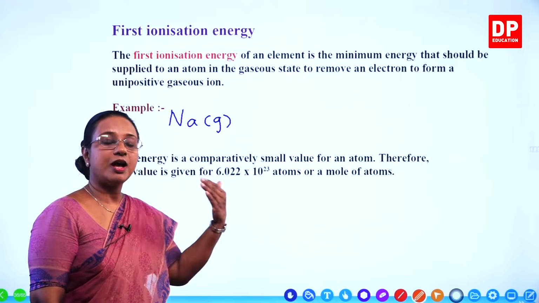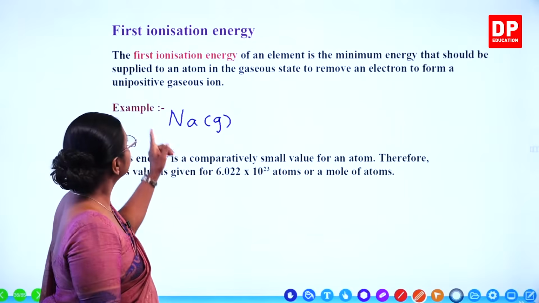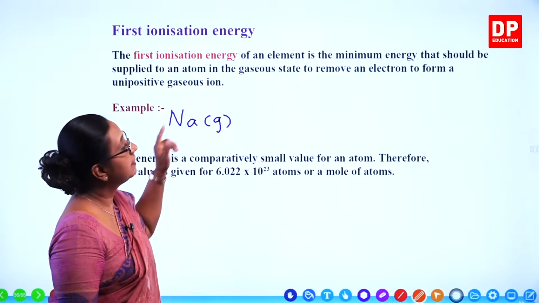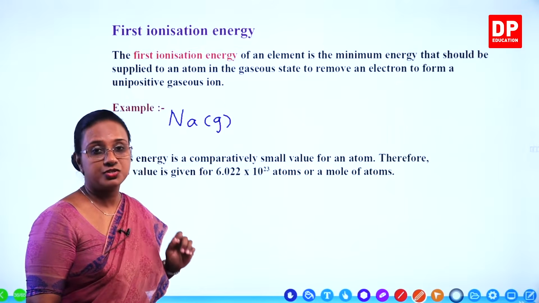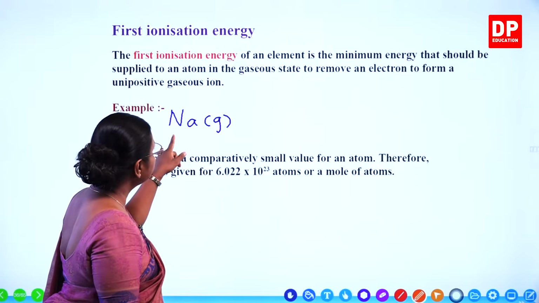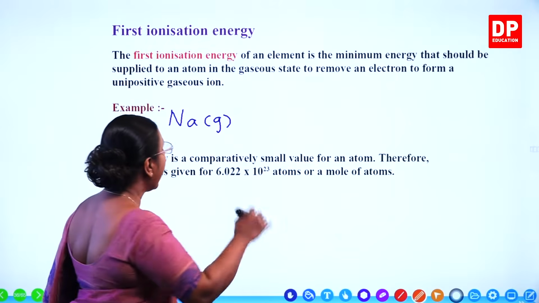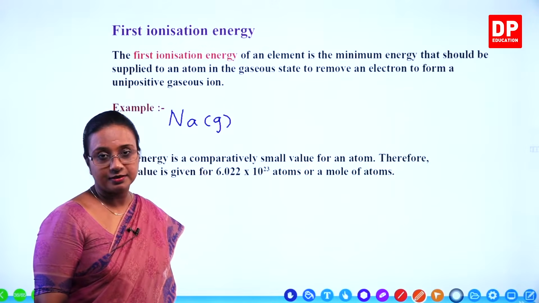Likewise, we can write S for solids and L for liquid. Here, according to the definition, the element has to be in its gaseous state. So the sodium atom has to be in the gaseous state and it has to lose one electron.